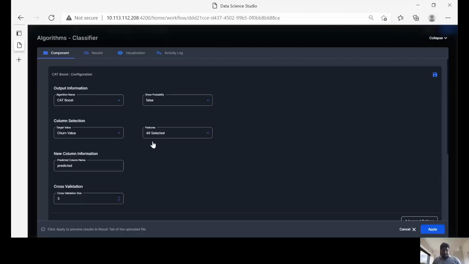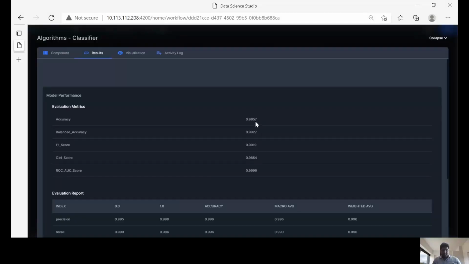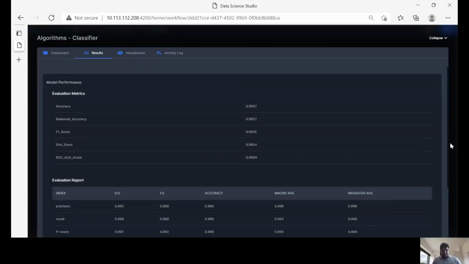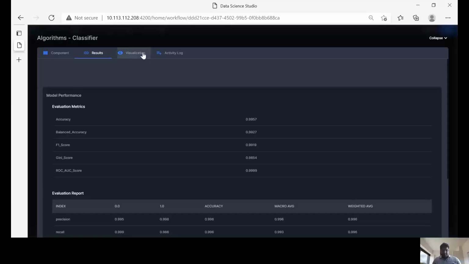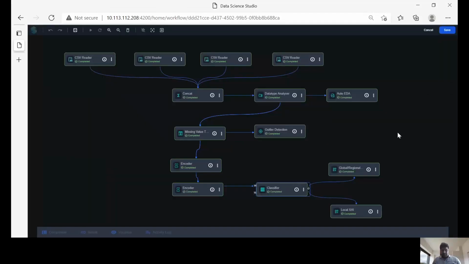So we have built a churn prediction model here using this classifier. You just drag and drop, you select the specific variables here, and then you can see how the model has performed across different evaluation metrics. One of the key points I want to highlight here is that the overall accuracy of this model is about 99%, and this model is also accurate on the test data or the validation data, about 96%.